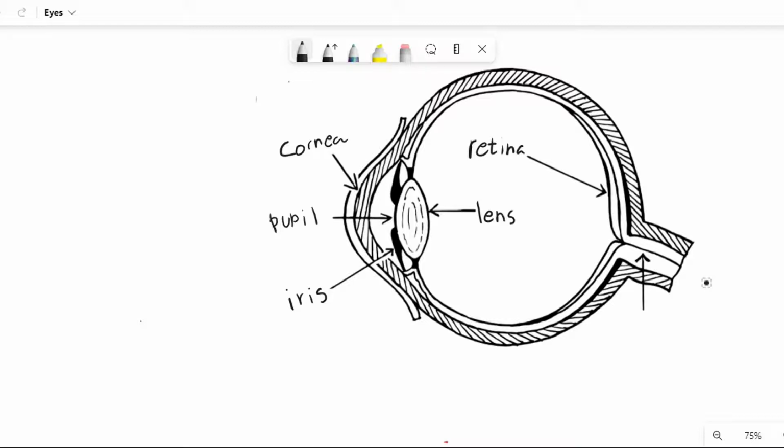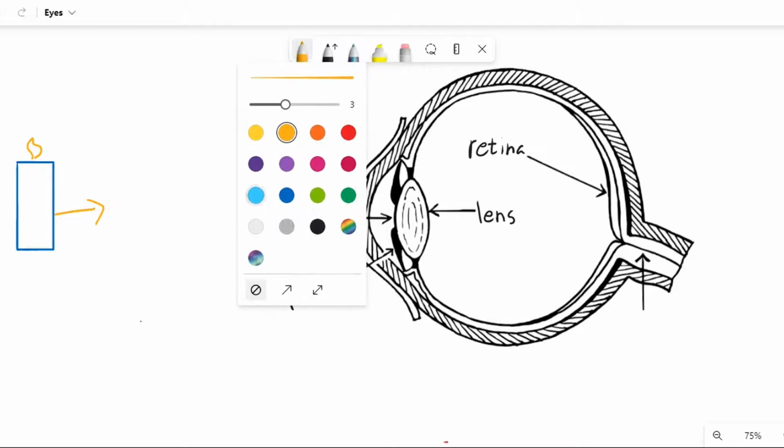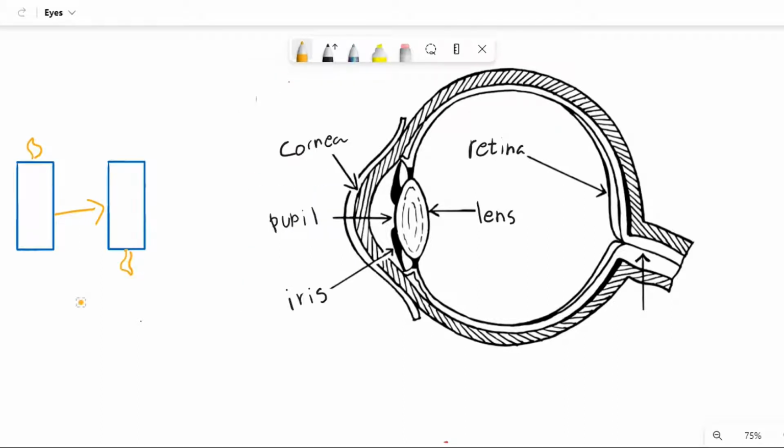One interesting thing that you might already know as a fun fact is that your eye flips the image that you're looking at. Let's say you're looking at a candle. The image of this candle over here is flipped by the lens, and it becomes something like this. And it's projected onto the retina.